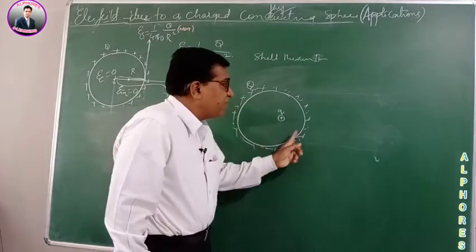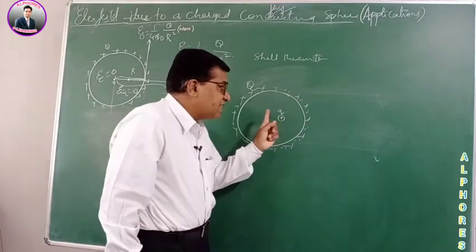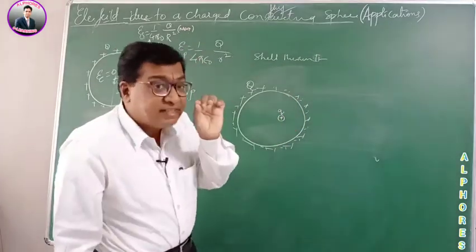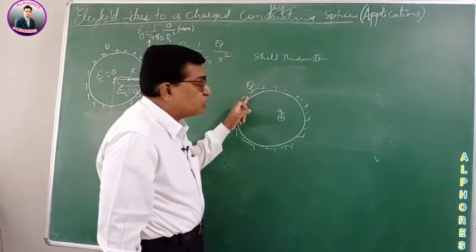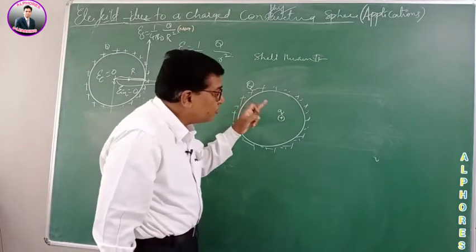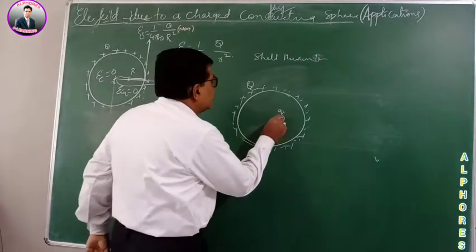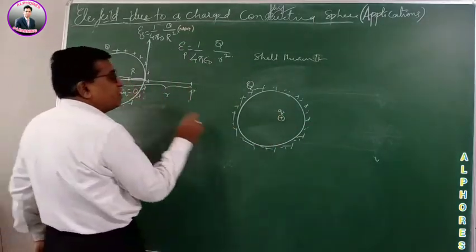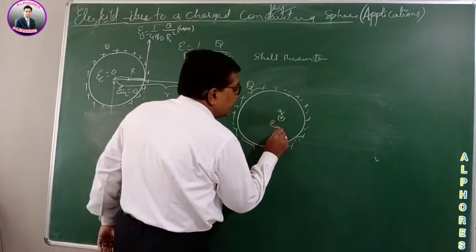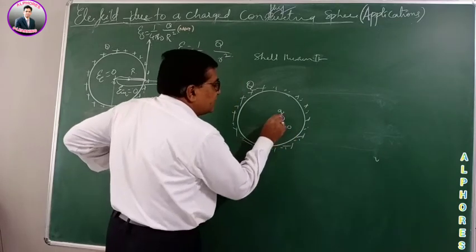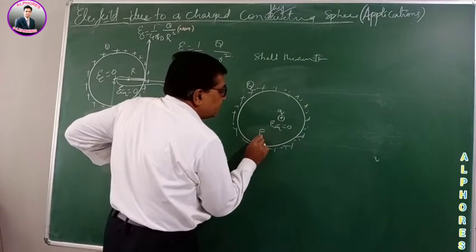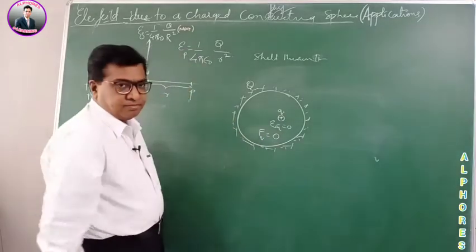Now if a conducting charged sphere contains a point charge inside the sphere, then this sphere exerts no force on the point charge, because inside the sphere we have found the electric field is 0. At any point inside it is 0. So therefore the force on this point charge, the force on small q, is also 0.